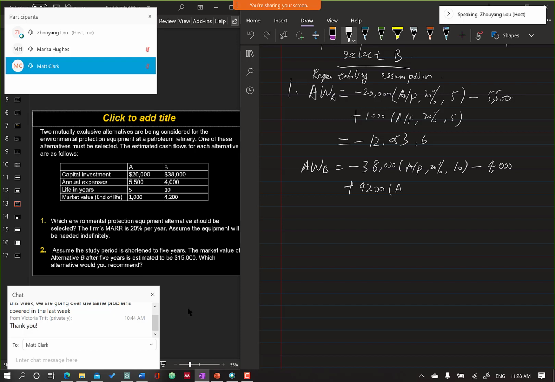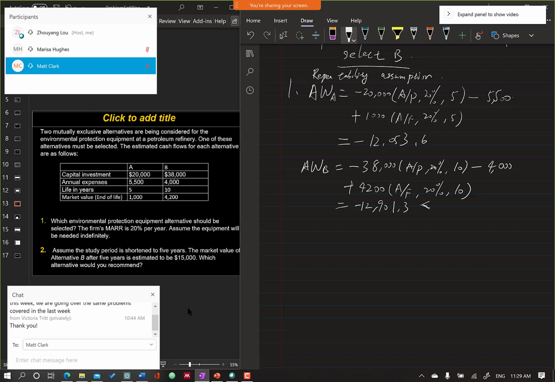And we want to calculate the annuity given that's the future value at the end of year 10. So we have all the ingredients. This will become minus 12,901.3.